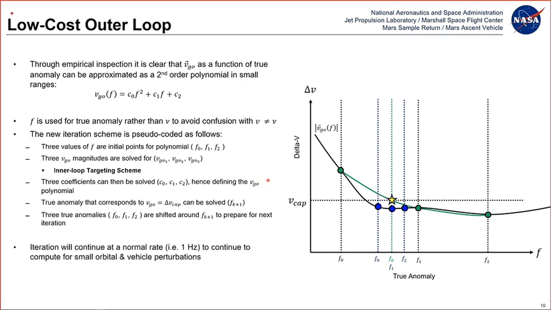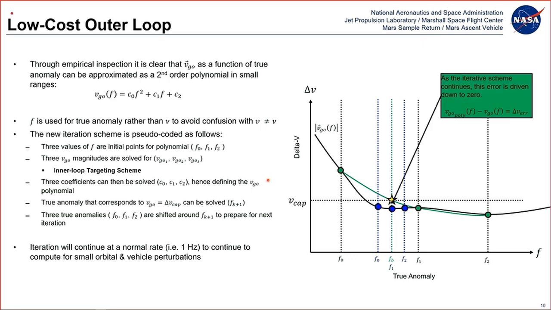We found that just running the outer loop at 1 hertz, so priming it, and then every 1 second we update the true anomaly bounds, we found that to be more than sufficient for very, very tight convergence. So again, we're lucky in the sense that we have a very well-behaved equation for velocity to go over time. So it's very easy for the optimizer to converge very quickly.